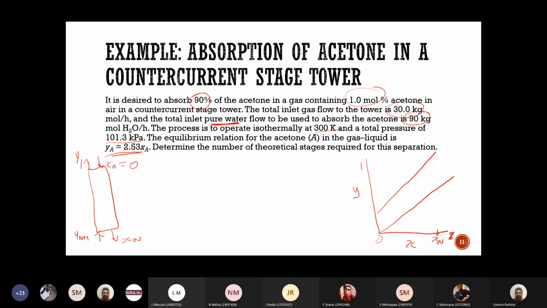On the y-axis, I've got yn plus 1 and y1. I must be able to plot these in the graph as well. Which would be the higher value, y1 or yn plus 1?